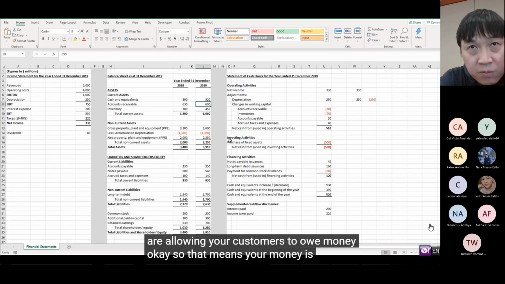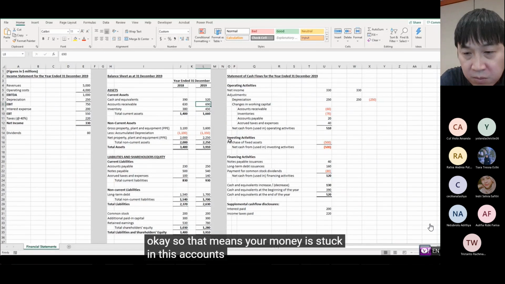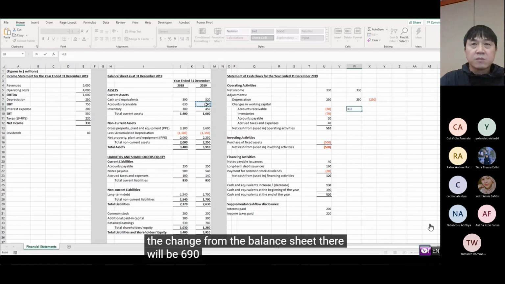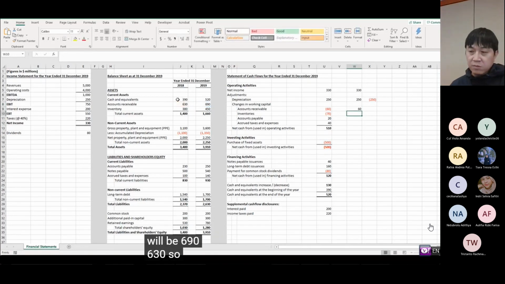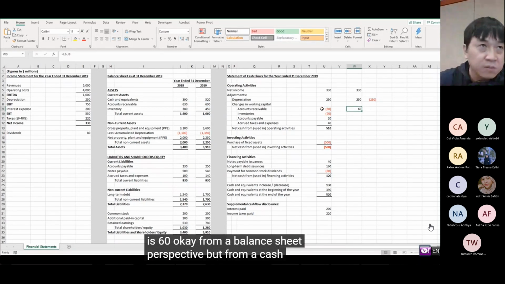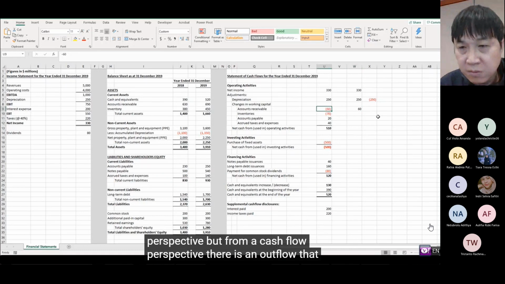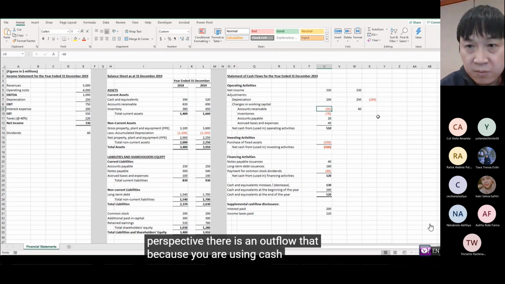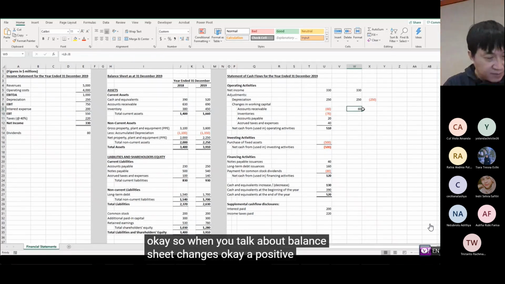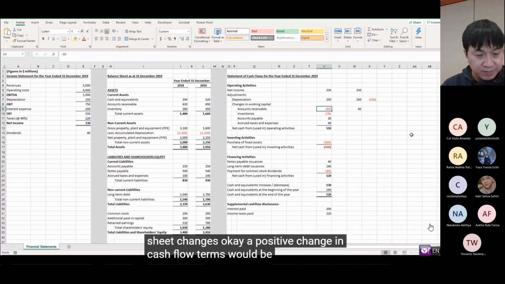That means your money is stuck in this accounts receivable. If you take the change from the balance sheet, that will be 690 minus 630, so the change in accounts receivable is 60, from a balance sheet perspective. But from a cash flow perspective, there is an outflow there because you are using cash in this case. So when you talk about balance sheet changes, a positive change in cash flow terms would be negative.